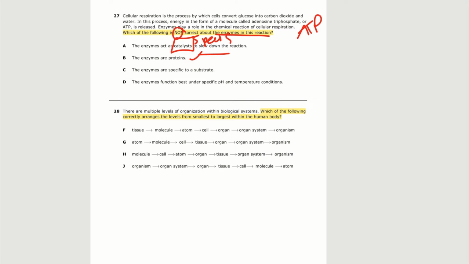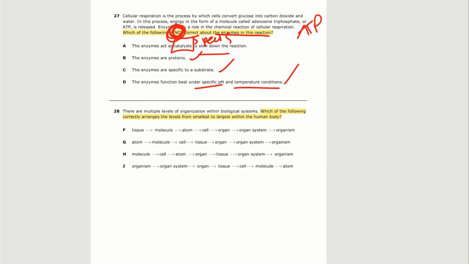Are you not reading what it says? The enzymes are specific to a substrate. That's also true. Am I looking for that? I'm looking for not correct. The enzymes function best under specific pH and temperature. That's true, right? Because if not, it gets denatured. So wait, what am I looking for again?